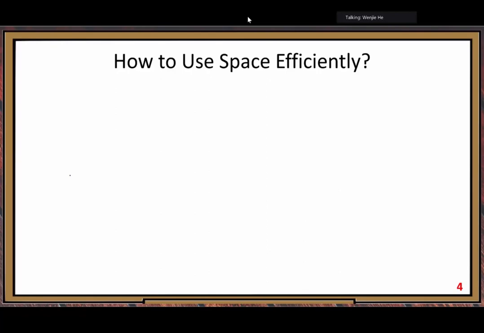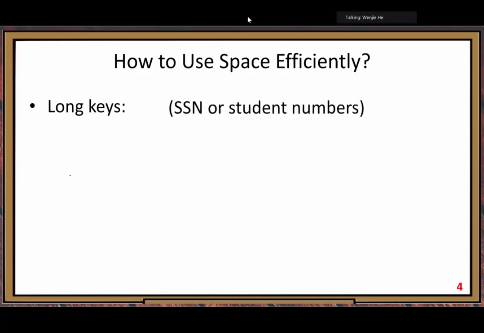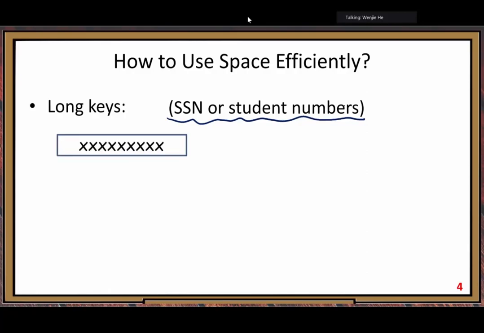So the main question to solve this problem is you need to convert long keys to relatively short keys. Long keys, for example, social security numbers, student numbers, usually many digits, right? You cannot imagine using those numbers as array indices. Too large, not efficient, wasting a lot of memory space.